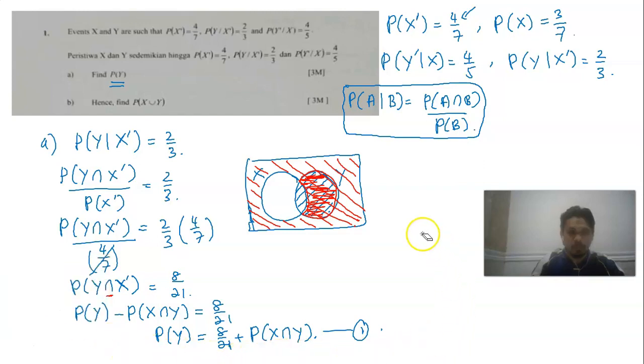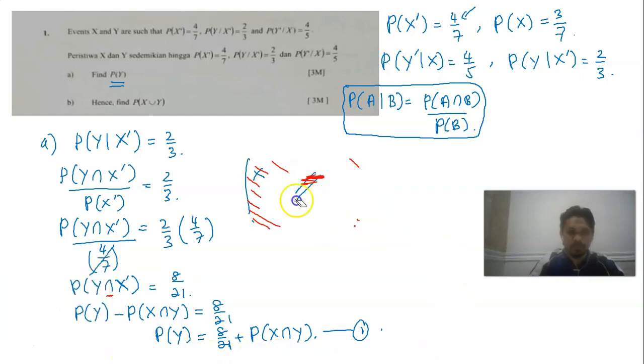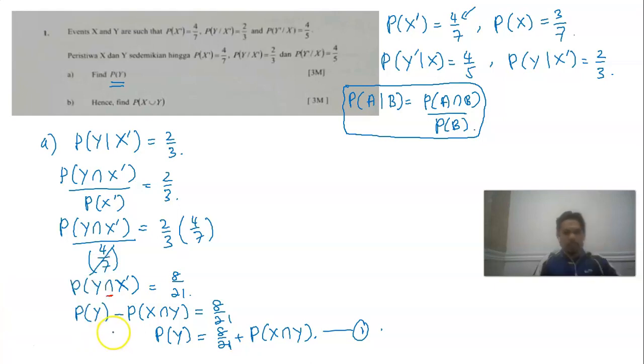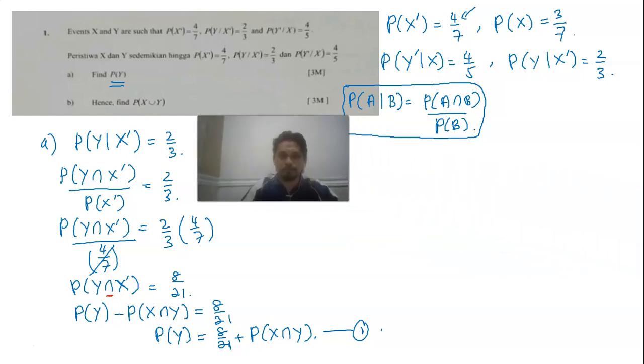Let's say I erase this. The next one, we recall and use this one here.